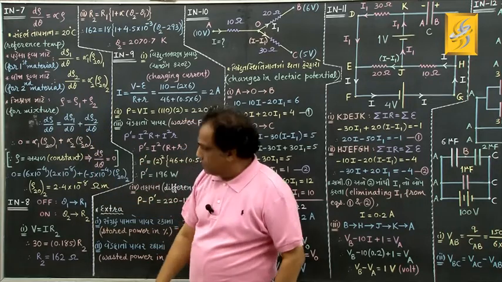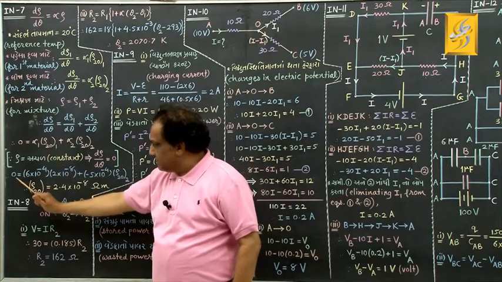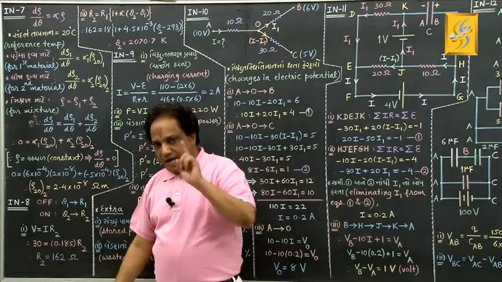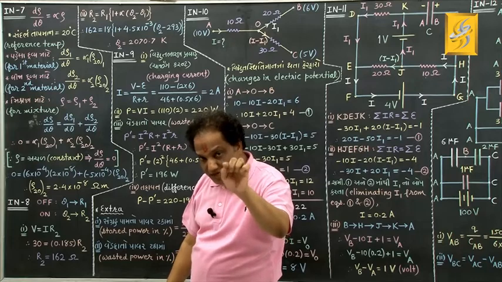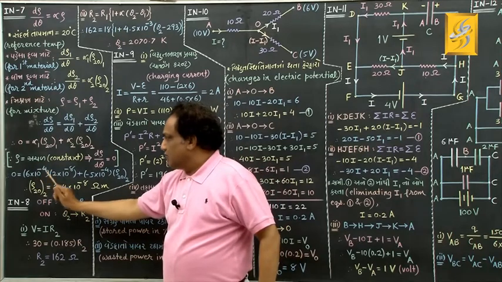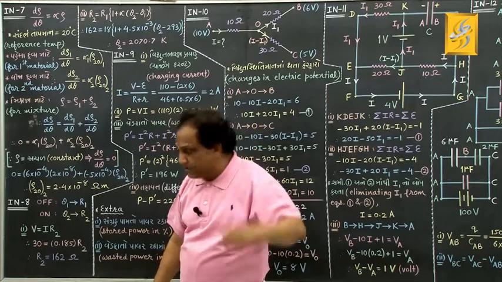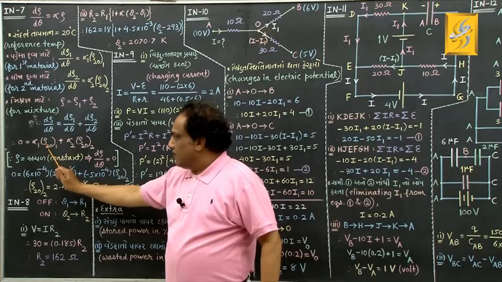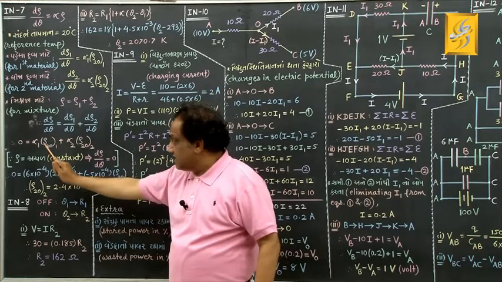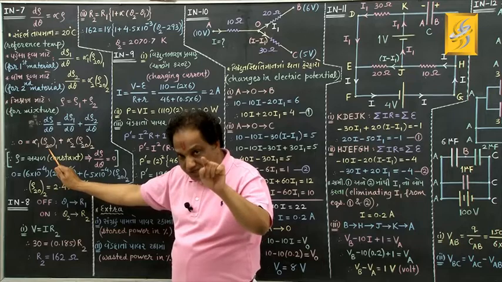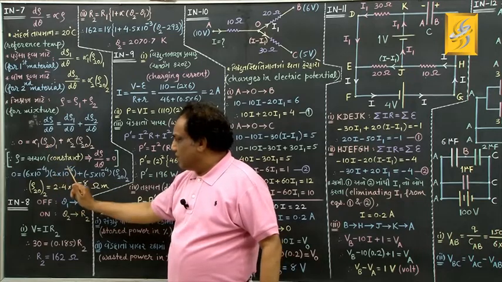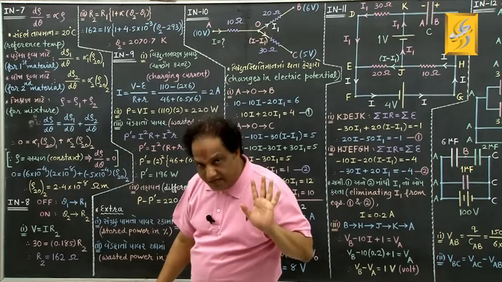Now, put in the values, 0 as it is. What is alpha 1? The temperature coefficient of resistivity for the first material which they have given in the statement, 6 into 10 raised to minus 4 degree centigrade inverse. What is this rho 20 of the first material? It is the resistivity of the first material at 20 degree centigrade temperature which they have given, 2 into 10 raised to minus 8 ohm meter, correct.